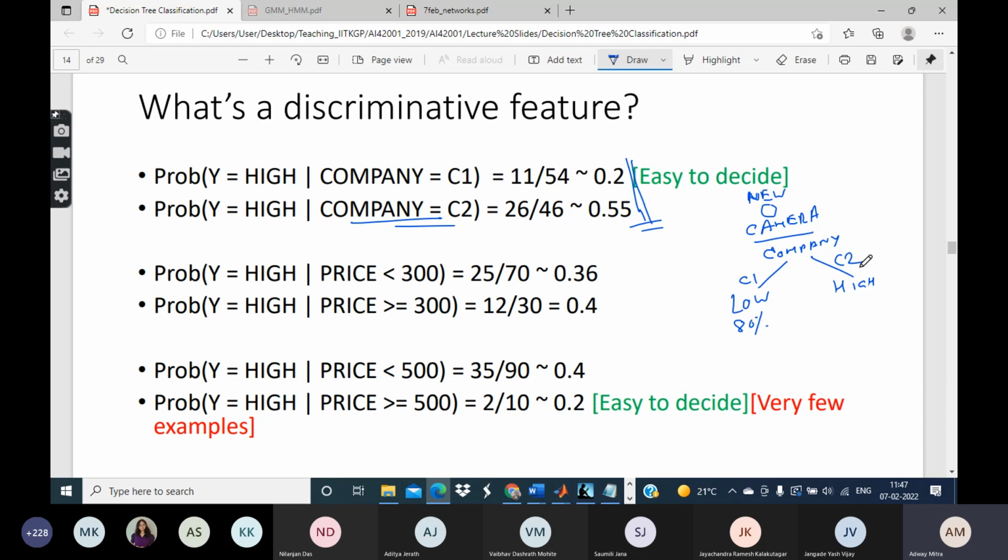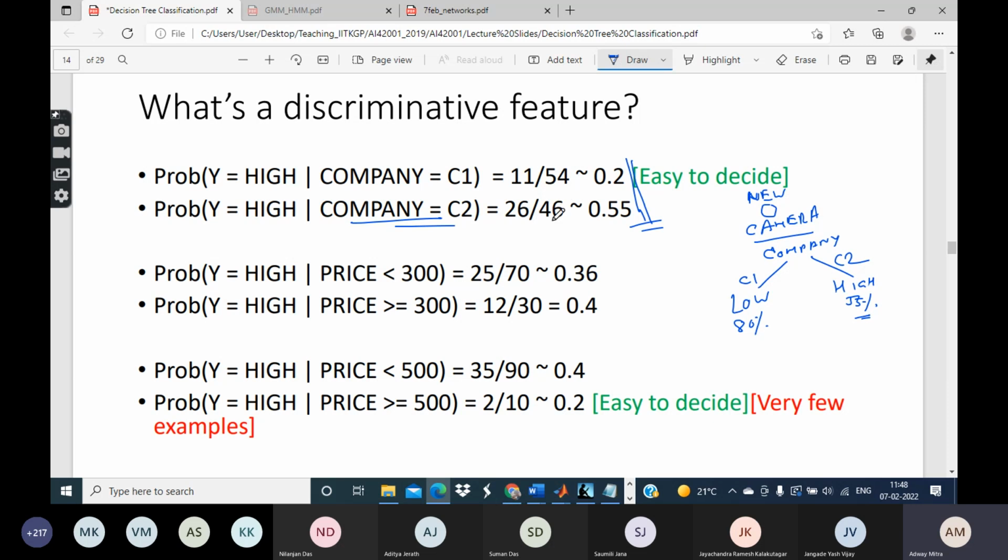On the other hand, if the company is C2, then I can predict that its rating is going to be high with how much confidence? Yes, 0.55, 55%. And why is it so?